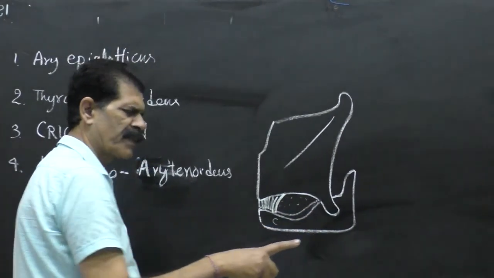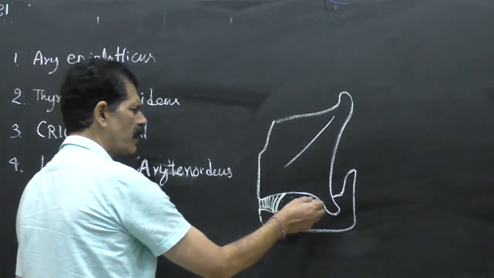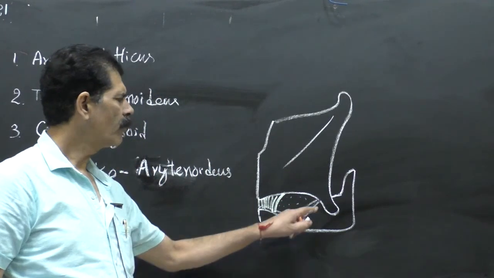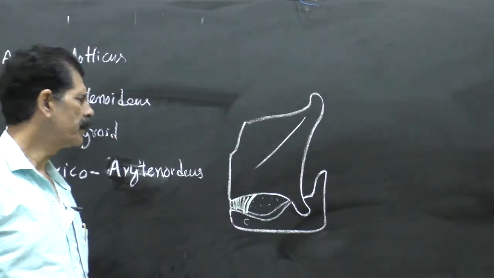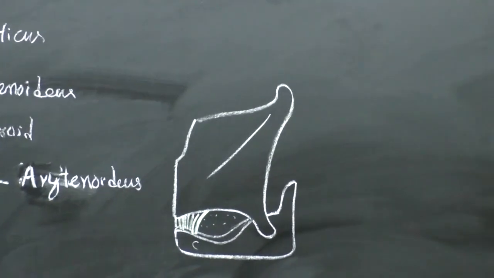It has two lips, an inner lip and an outer lip. The inner lip, we have seen, is the attachment of the cricovocal membrane. From the outer lip, the muscle taken is called the lateral cricoarytenoid.